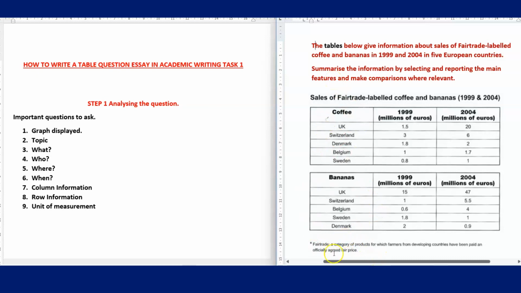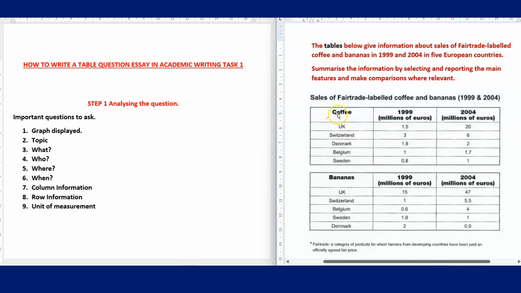Sometimes you have to look at all this extra information in order to get a fair understanding of what is being spoken here. And what are the variables involved? Here we have two major variables: the first one is coffee and the second one is banana. So those are the two major products we are dealing with, coffee sales and banana sales.